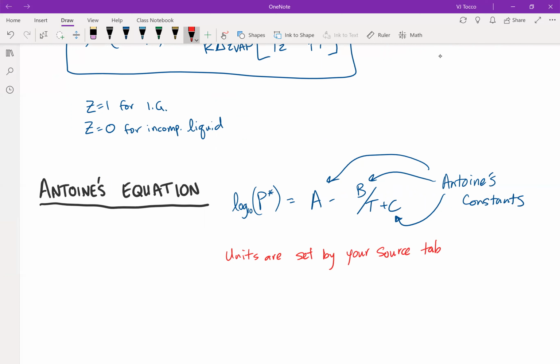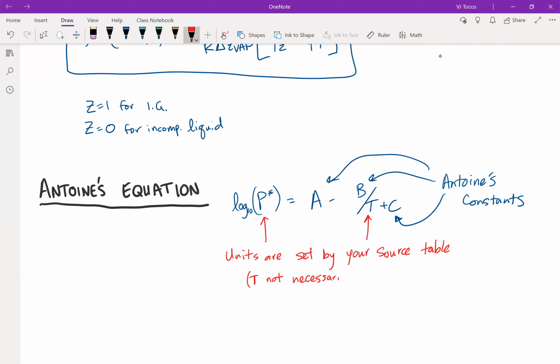Every single table that has Antoine's constants will tell you vapor pressure has to be in bar or PSI or whatever, and temperature is in Celsius or Fahrenheit or Kelvin or whatever. Importantly, temperature does not automatically have to be on an absolute scale here. The moral is to use your source table all the time.